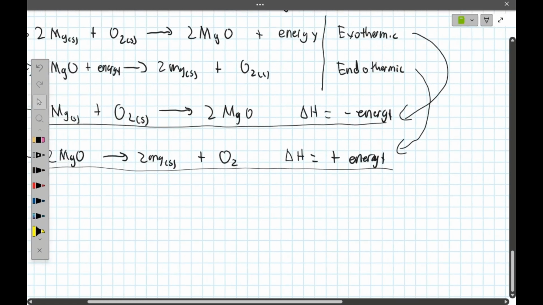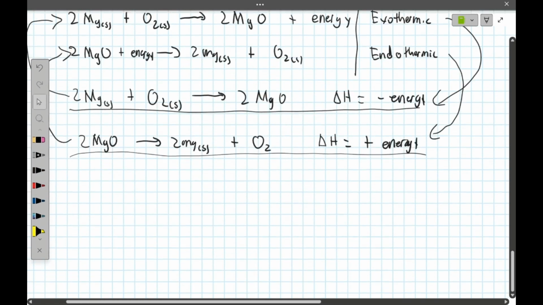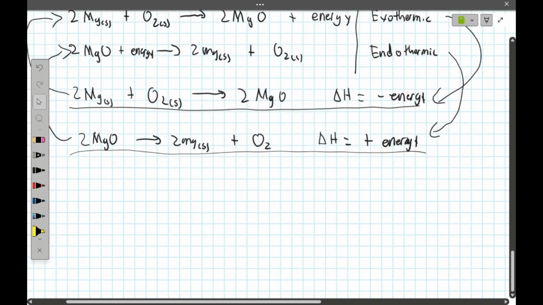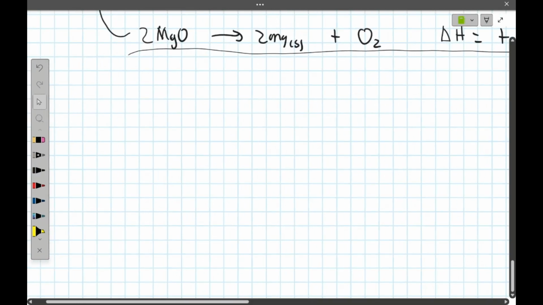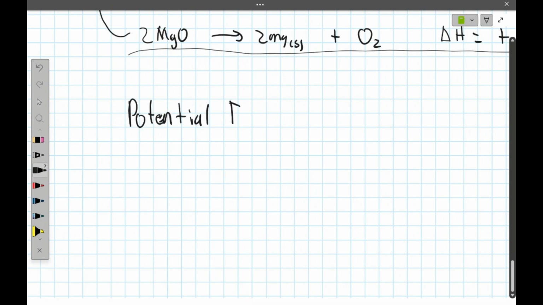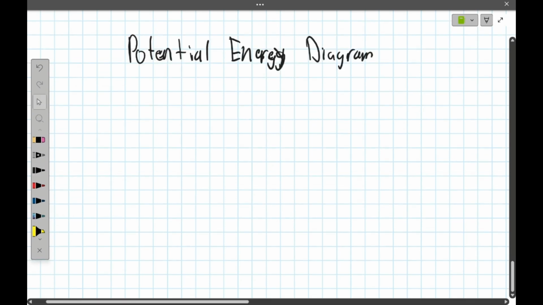Okay, now let's go through the second way to represent a chemical reaction as endothermic or exothermic. So the other way is a potential energy diagram. So how do potential energy diagrams work?